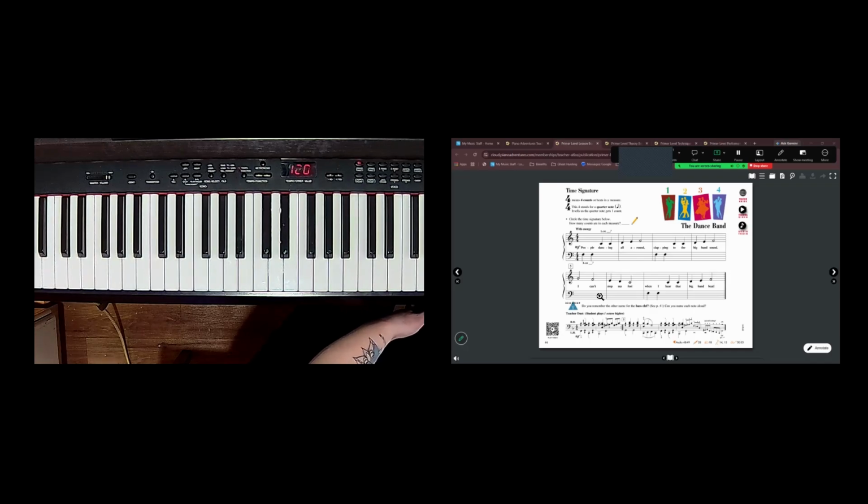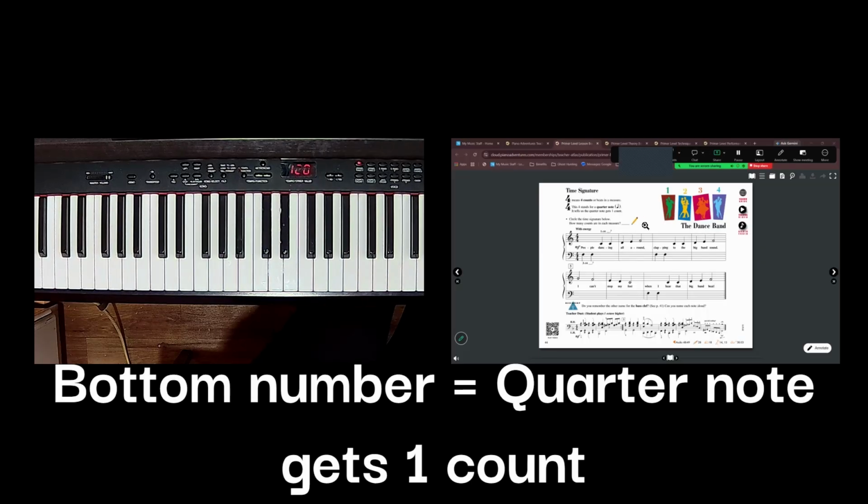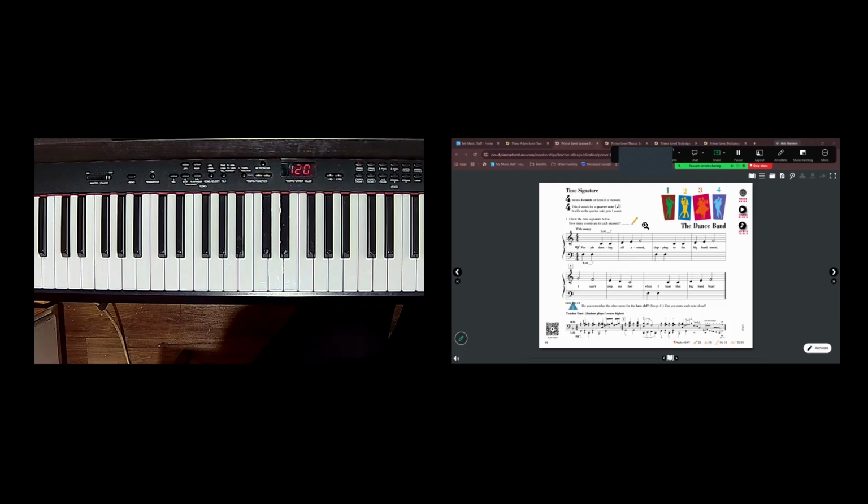Now, if you notice, there's also a bottom number, which is also a 4. This 4 stands for the quarter note. And all it does, Connor, is it tells us that the quarter note gets 1 count. It can get confusing when that bottom number starts to change.